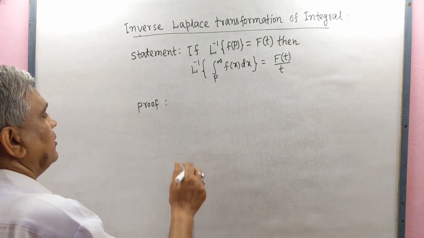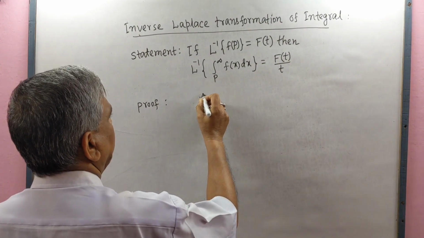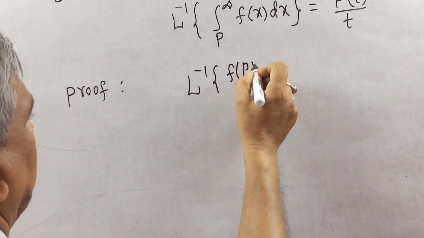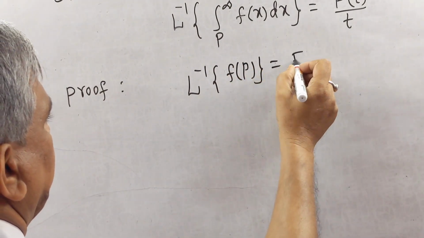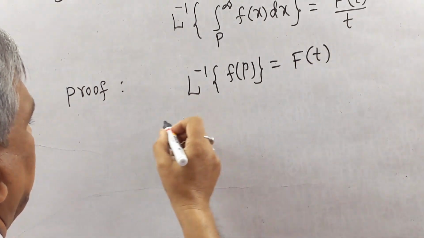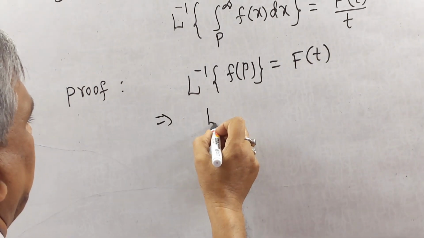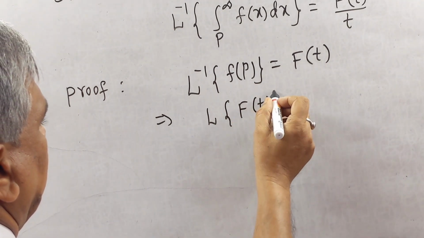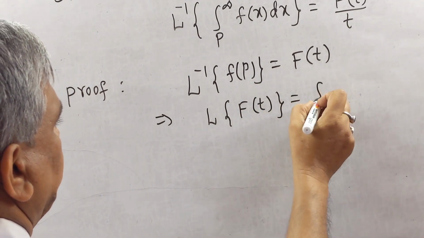Since given that L inverse F(p) equal to f(t), implies that L f(t) equal to F(p).